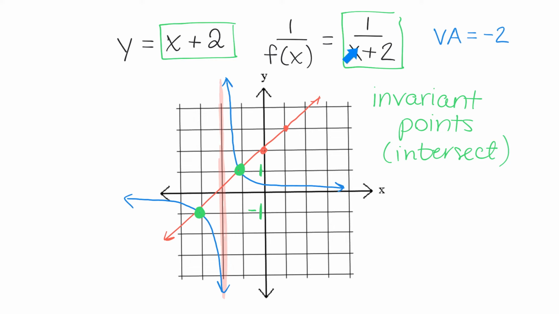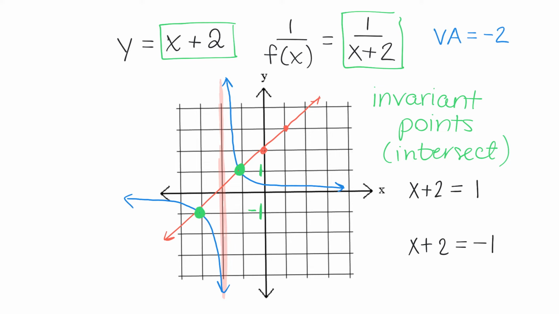So to find my invariant points, all I'm going to do is take either of these functions, whichever one looks easier, which for the record is x plus 2. I'm going to make x plus 2 equal to 1, and I'm going to make it equal to -1, because it's going to be 1 and -1 where they cross.